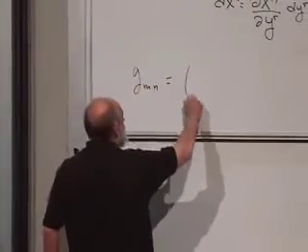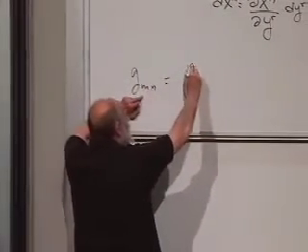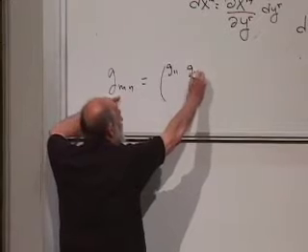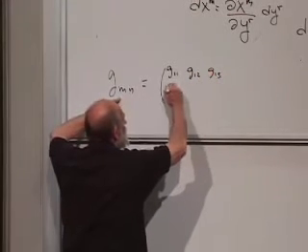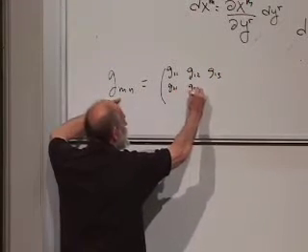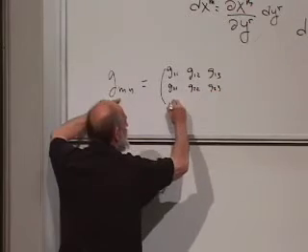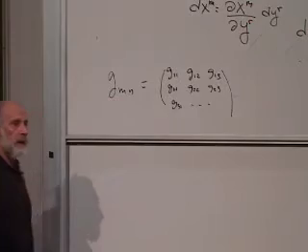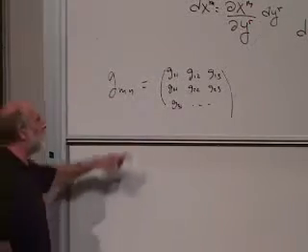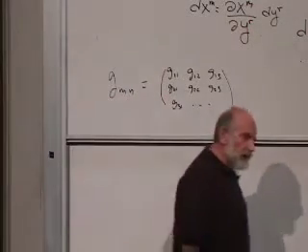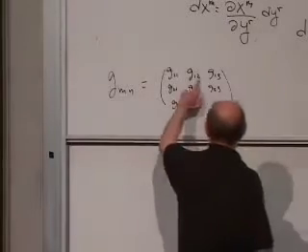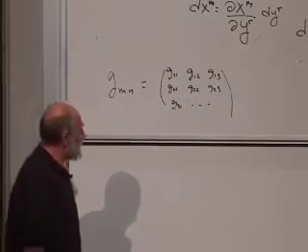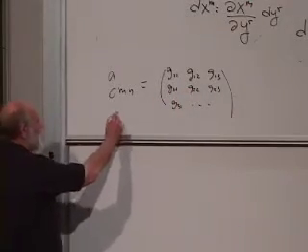It's a matrix. I can put G11, G12, G13, G21, G22, G23, G31, and so forth. It's a matrix. It's symmetric. G12 is equal to G21.